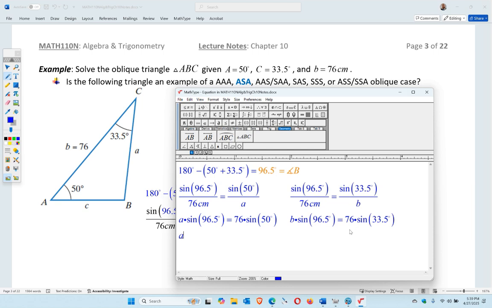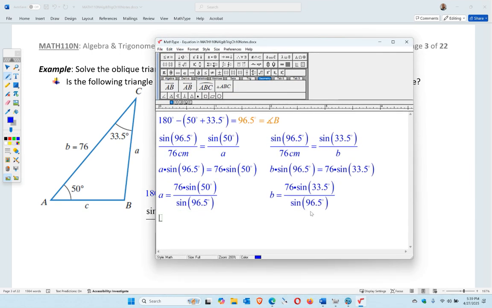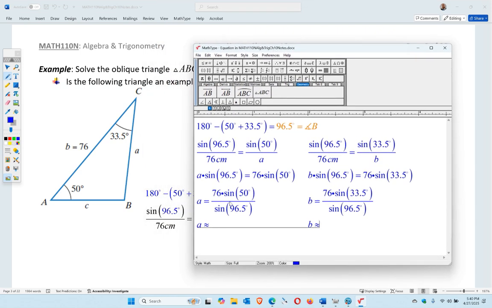Okay, so that means A equals a ratio of this divided by this sine, and B equals the ratio of this divided by sine of 96.5. Okay, so very similar. So in either case, we're not going to work out to nice whole numbers, but we can get those. So A is approximately, and B is approximately. Okay, so we can go to our calculator now.